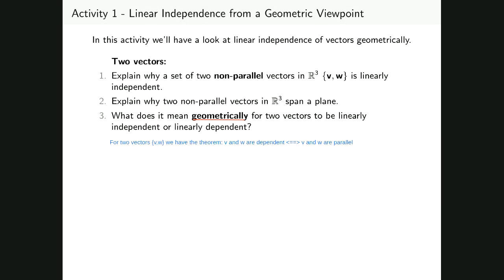Okay, so if our two vectors are independent, then the picture looks something like this. Right, this is the picture for independent vectors, and the picture for dependent vectors looks something like this.